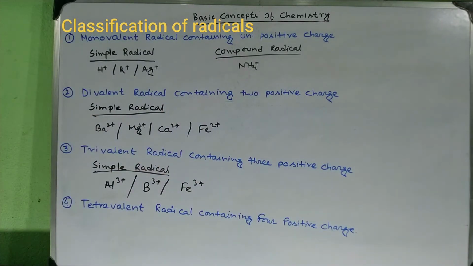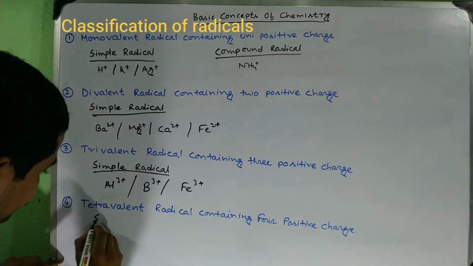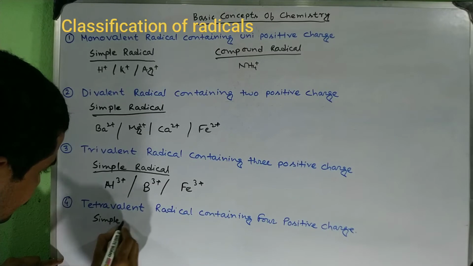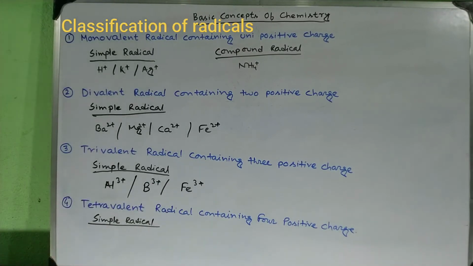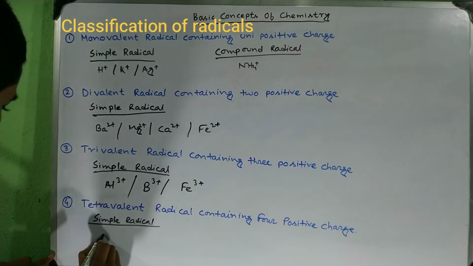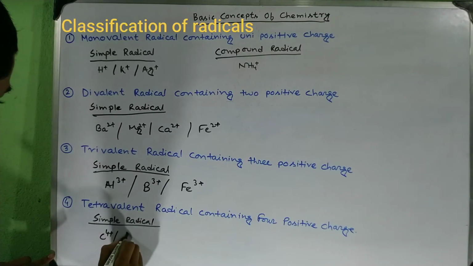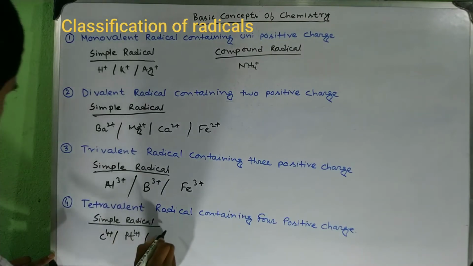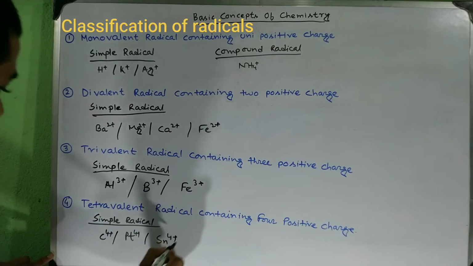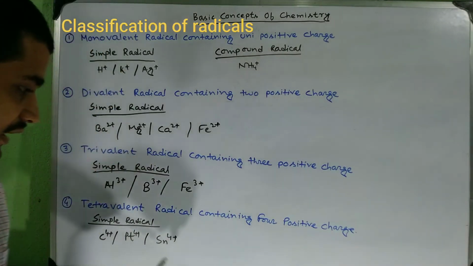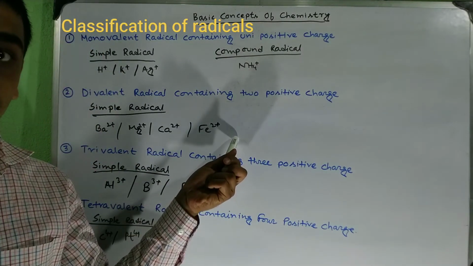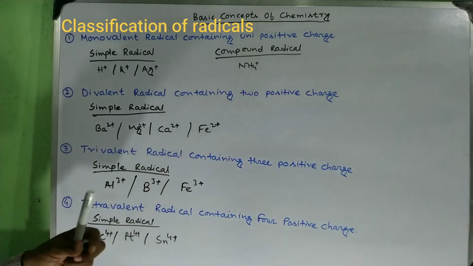Simple radicals, of course. What is the example? Carbon, platinum, stannic, stannous. I discussed in the previous class what is stannic and what is stannous. This is stannic. Stannous is what? Sn2 plus. Clear?